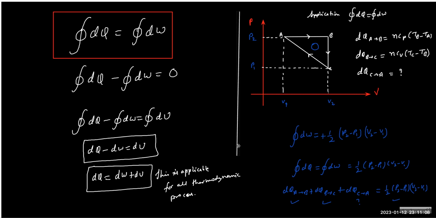So you should know that this is useful in many examples, in many situations. I have given you a situation where the first law definition is used directly to find the unknown value, especially the unknown dQ. The work is something very simple to calculate, and in such a situation we always choose this approach. Of course, I could go to the very basics of deriving it for CA.